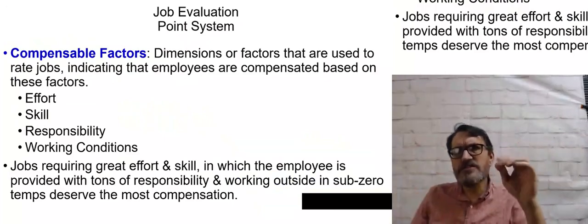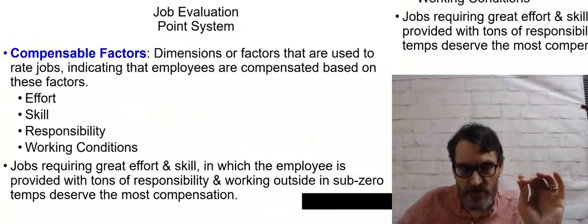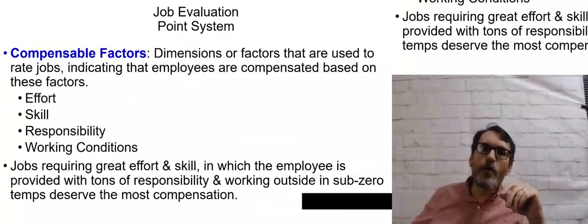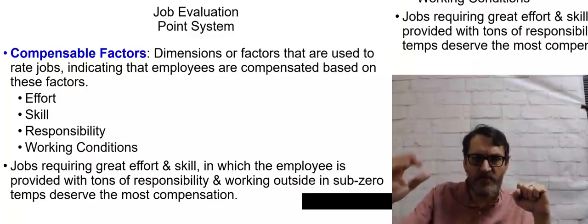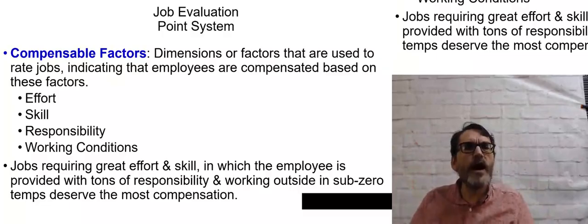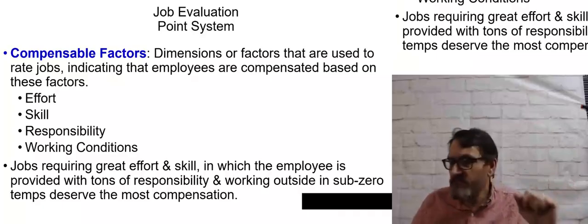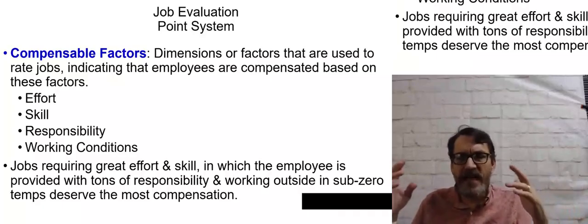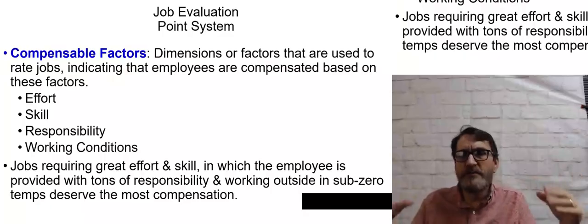If a job requires a lot of effort, that's a compensable factor. If the job requires a very specific skill, that's a compensable factor. If the job requires a great degree of responsibility, that's a compensable factor. If the job is performed in extreme weather, extremely hot or extremely cold, that's a compensable factor.